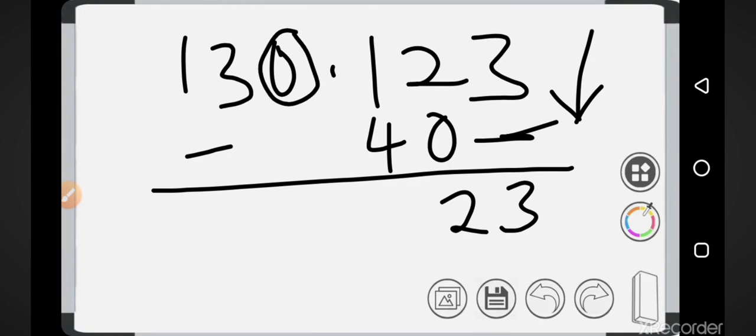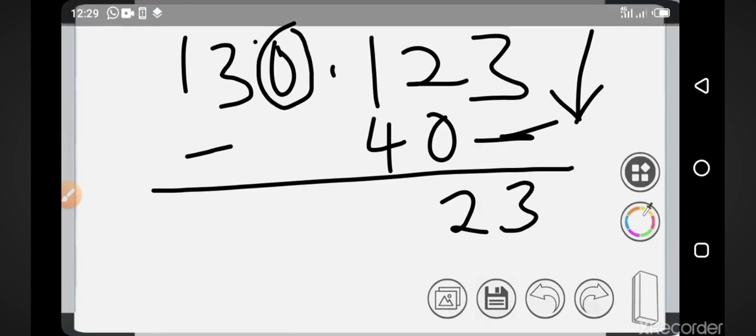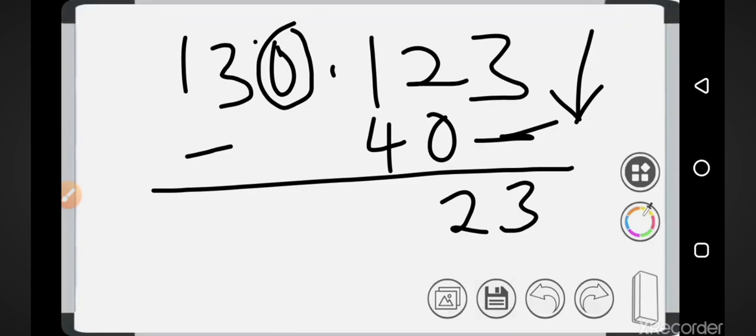But here is also 0, so you can't go and take 1 from 0. But don't forget, the one that we are borrowing from here is going to be in tens. Since we can't borrow 1 from here, we'll rather come and borrow 1 from here, and then we add it to this 0 here. So this 0 becomes 10. Do you get it? Now this 0 is now 10.